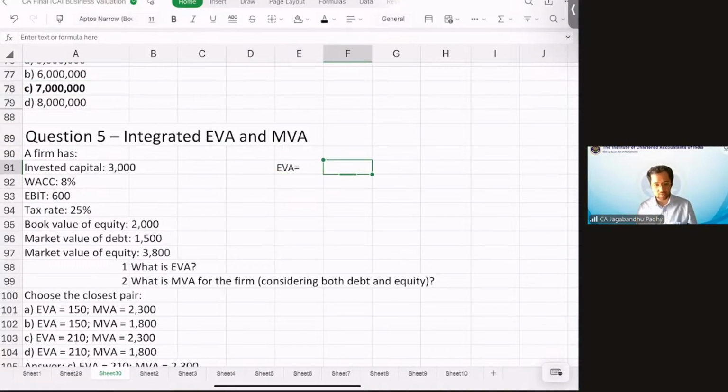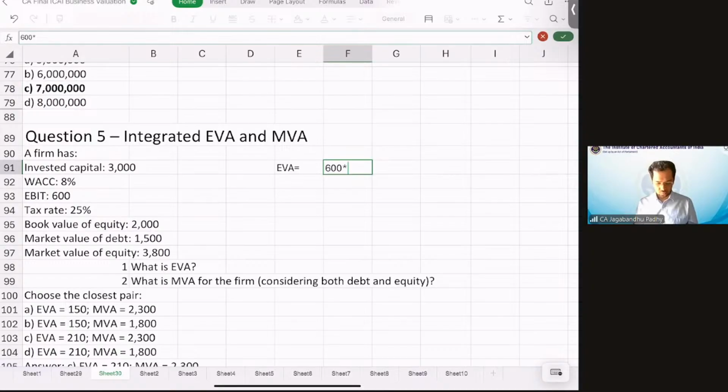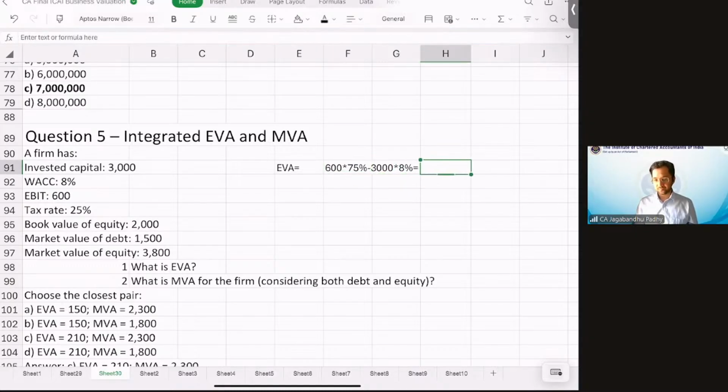EVA is 600 into 75%, which is 1 minus tax rate, minus 3000 into WACC of 8%. So EVA is 210.